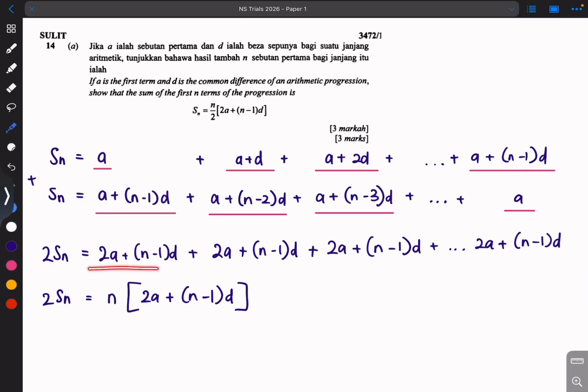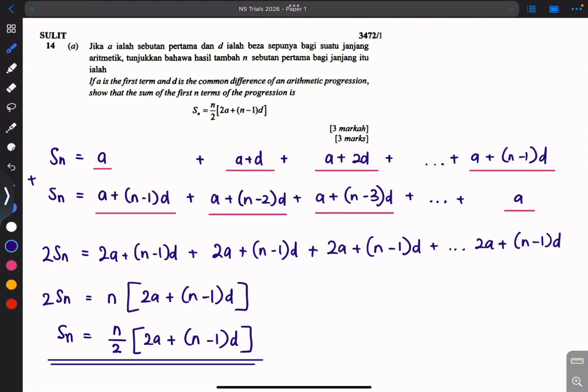If you have 7 terms, you will have 7 times of this. So you could put 7. If you have 10, you will have 10 of these. So here you put 10. If you have n, you have to put n lah. So from here, Sn will be n over 2 times 2a plus n minus 1d.